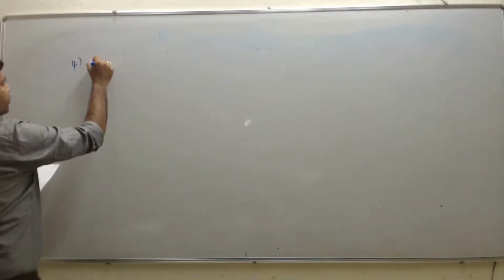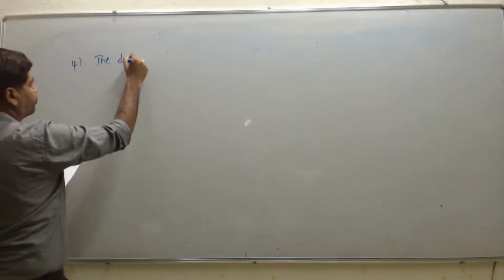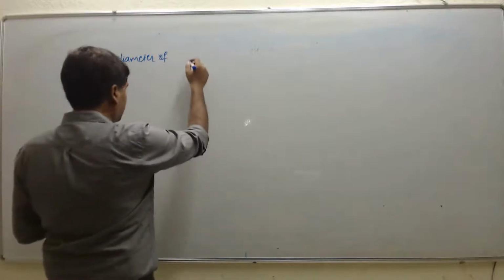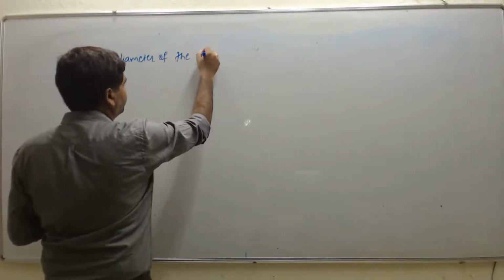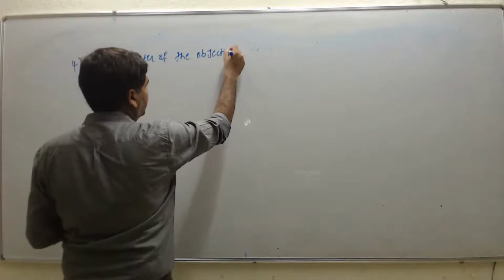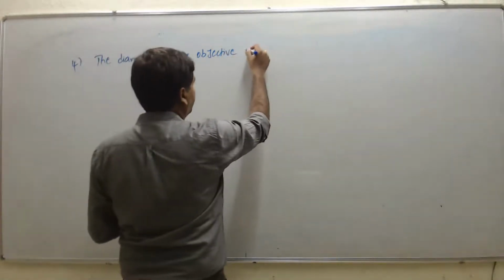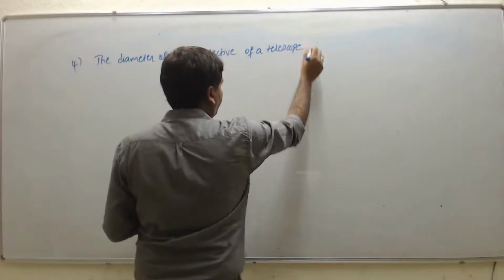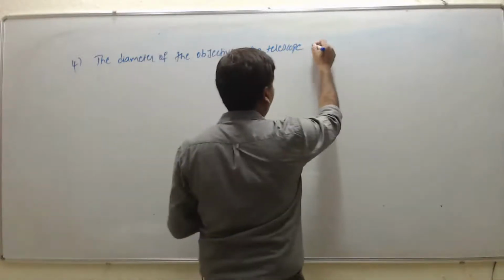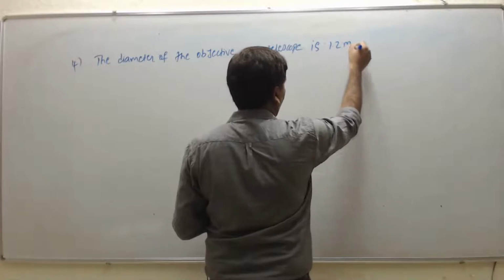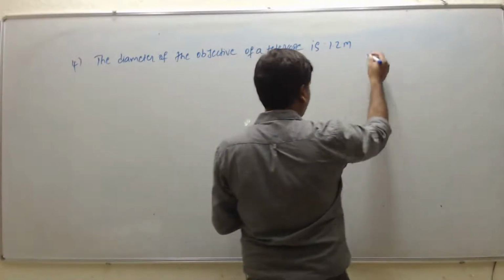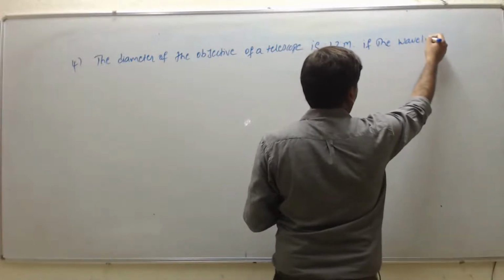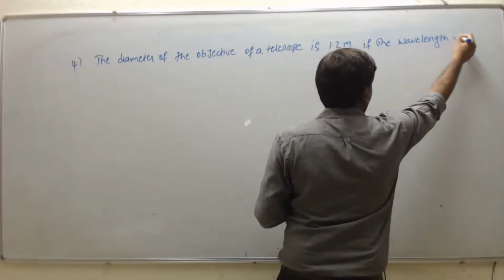The diameter of the objective of a telescope is 1.2 meter.